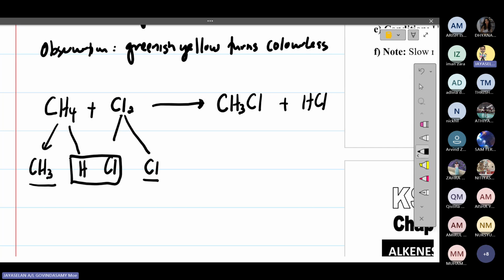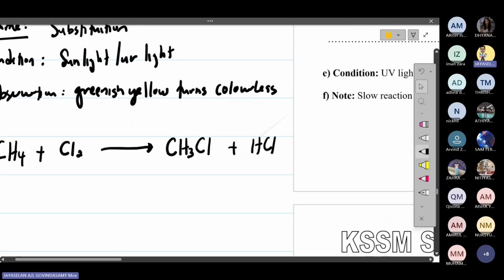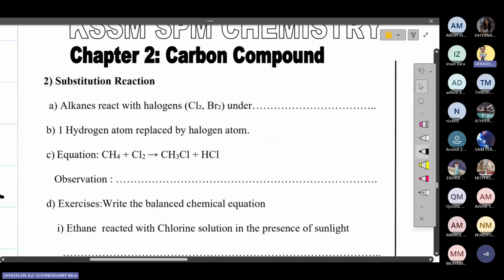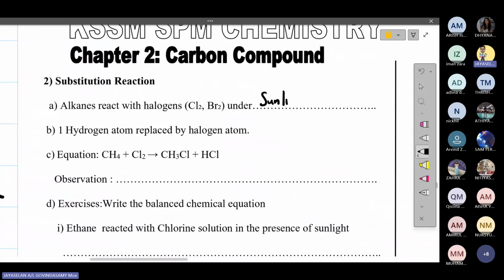Any question? I am going very fast because it is an online session. I still don't understand. Okay, we do again. Substitution process: alkane reacts with halogen in the presence of sunlight or UV light. Without sunlight and UV light, no reaction.